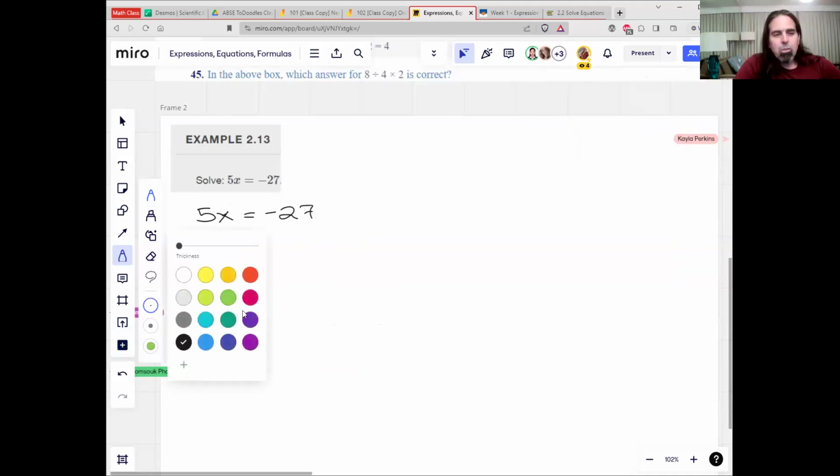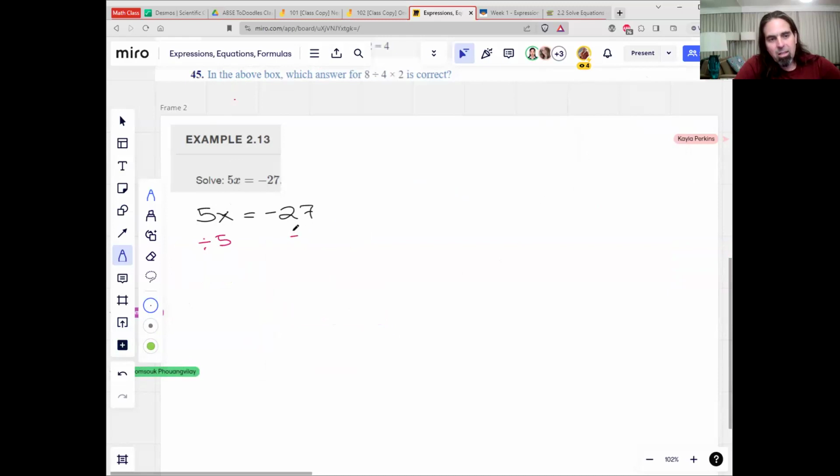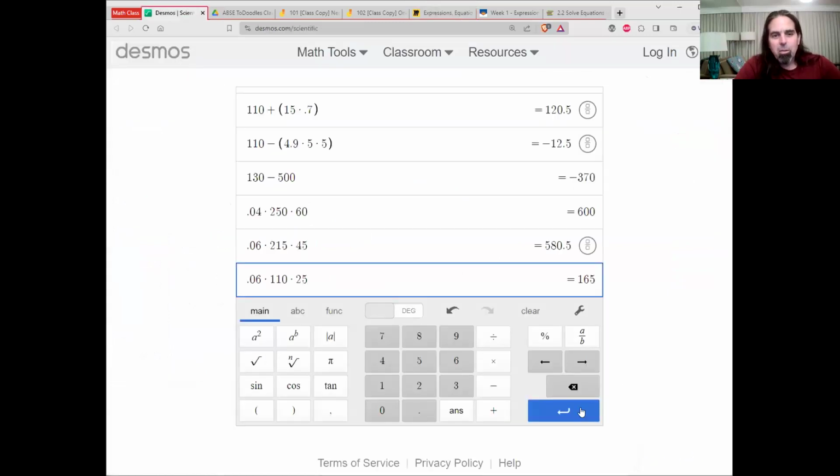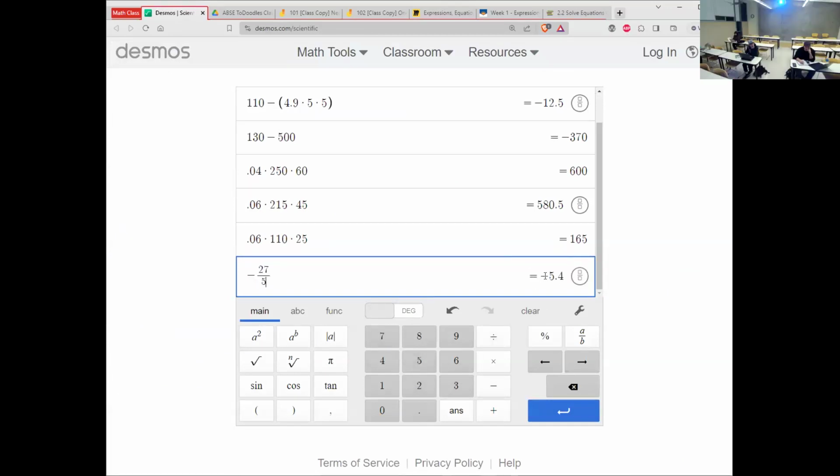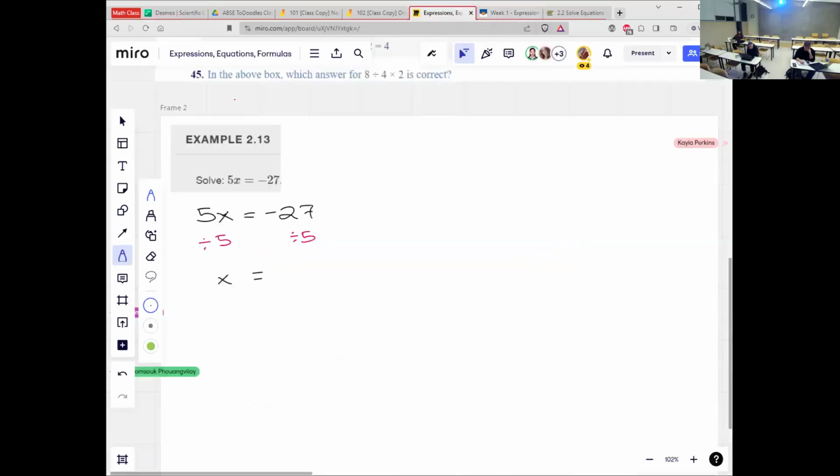Yeah, if I do something to both sides, that works out okay. So I can divide both sides by 5. 5 divided by 5 is 1. I have just one of these x's left. And what's negative 27 divided by 5? Yuck, negative 5.4. Okay.